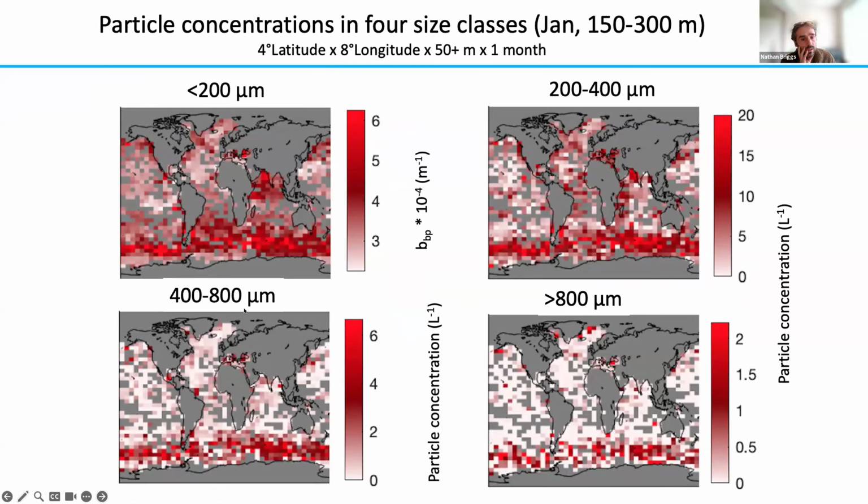And we can look at the backscattering background. So that's particles smaller than 200 microns on the upper left, the 200 to 400 micron particles, 400 to 800, and above 800 micron particles. So you can see that the upper left is in units of backscattering, but the others are units of concentration per liter. And we can see the concentration go down. And you can also see the latitudinal gradient get sharper as you go up in size.